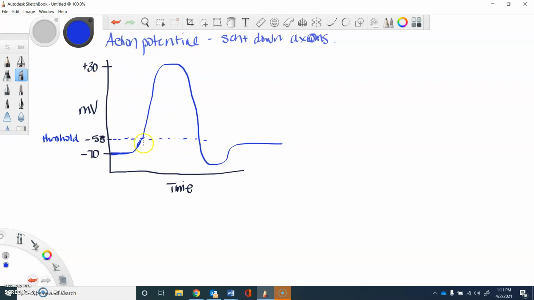So once it gets to threshold, then voltage-gated channels open for sodium, and we get depolarization. So sodium comes in, and that is called depolarization.